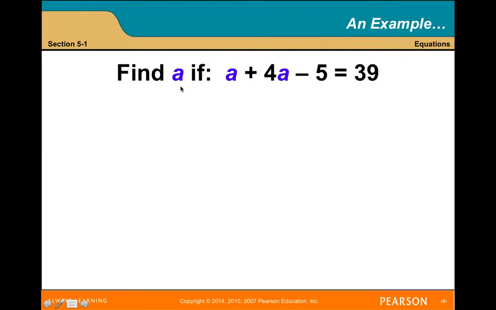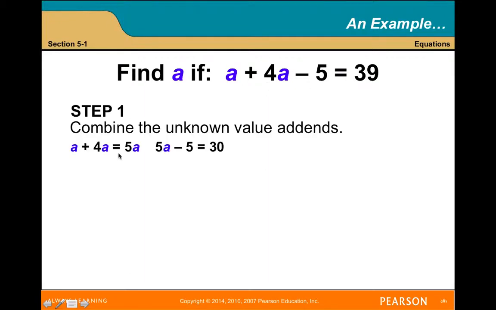Okay, so here's an example. Find a if a plus 4a minus 5 equals 39. The first step is to combine the unknown value addends. So here we have a plus 4a equals 5a. 5a minus 5 equals 30.